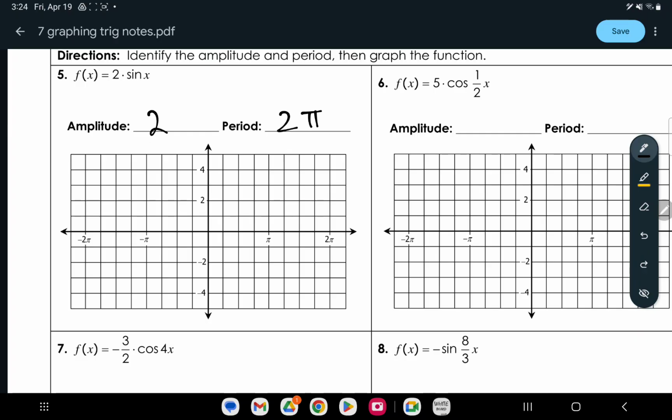So let's graph it. So sine, unless there's any transformations, which I don't think any of these have, is always going to start at the origin. And so if I think of it as if it's going to start at the origin, and my period is 2 pi, it's going to end here.